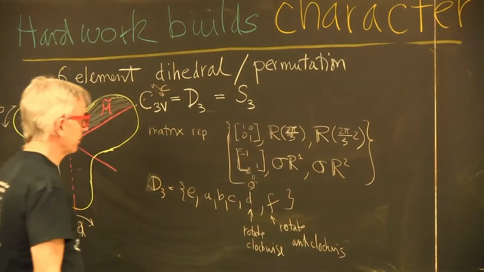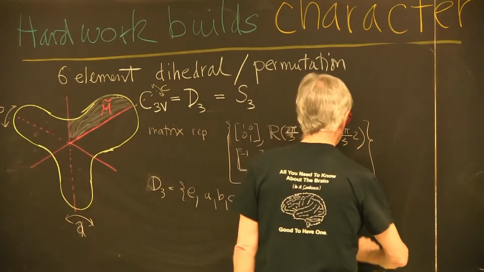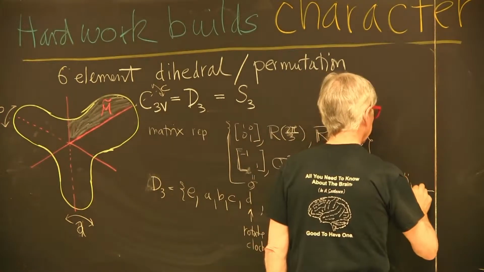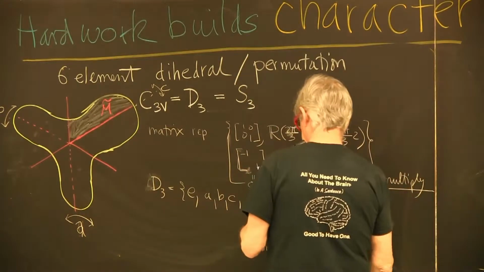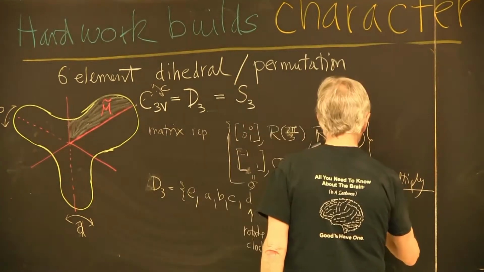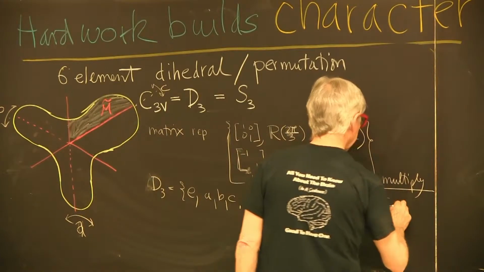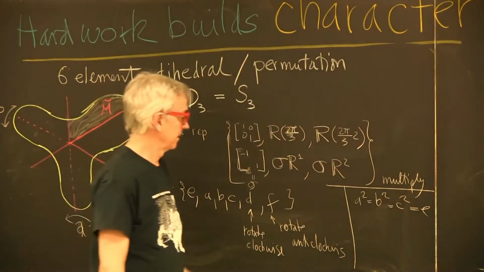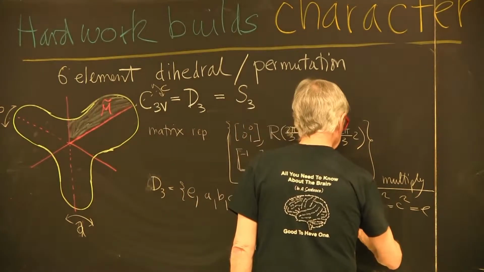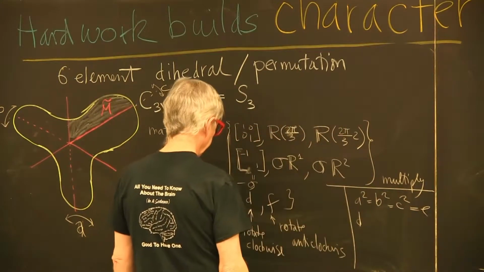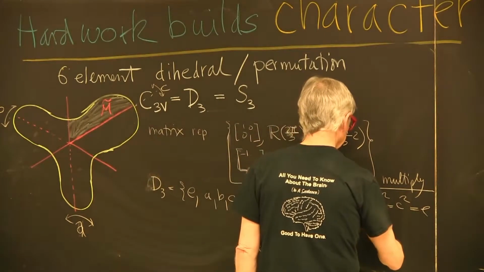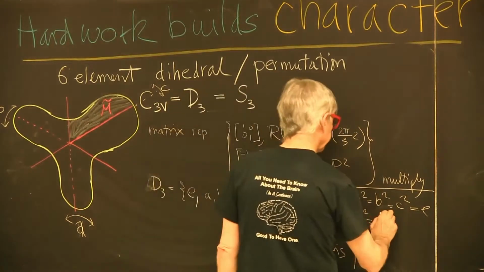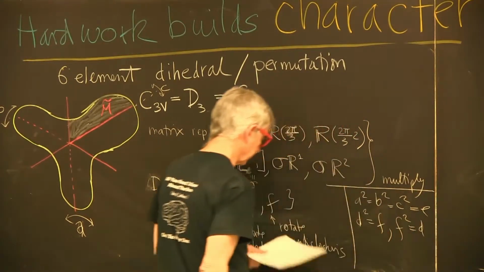Then you build a multiplication table always. And that defines the group in an abstract way. So you find out that A squared equals B squared equals C squared equals identity, because flipping twice is the same thing. You find that rotating clockwise twice is the same as rotating anti-clockwise once, and the same going the other direction.